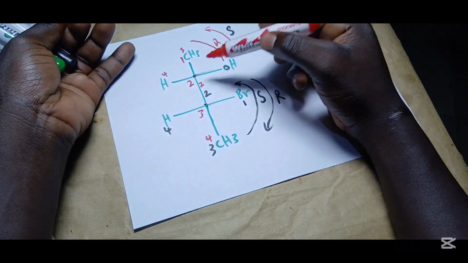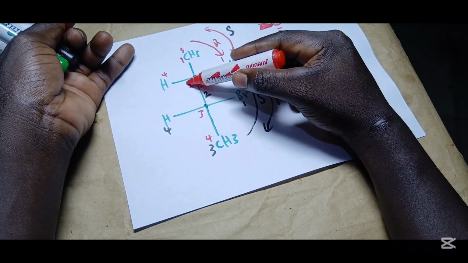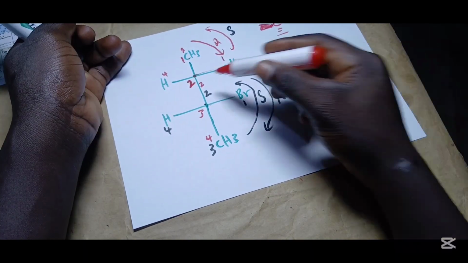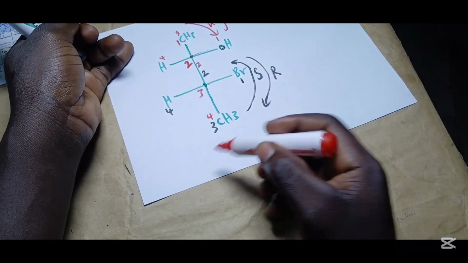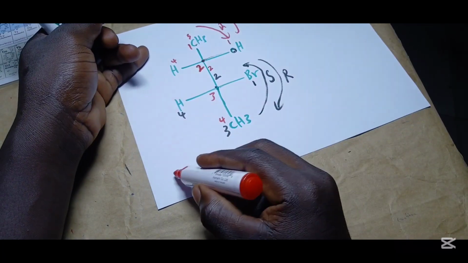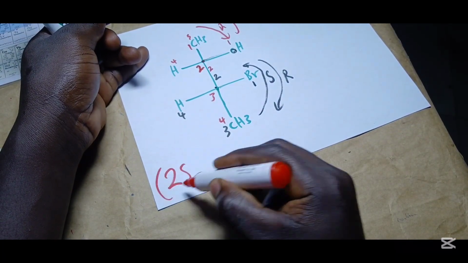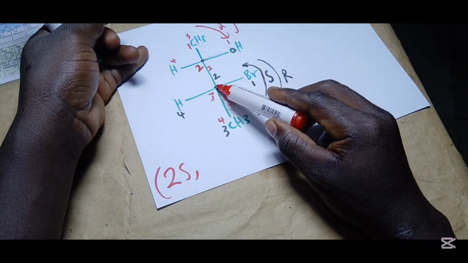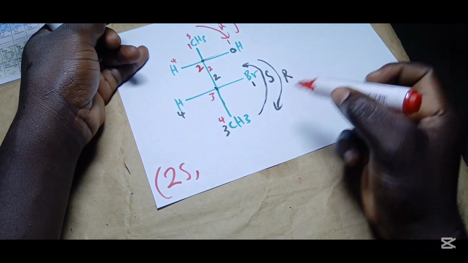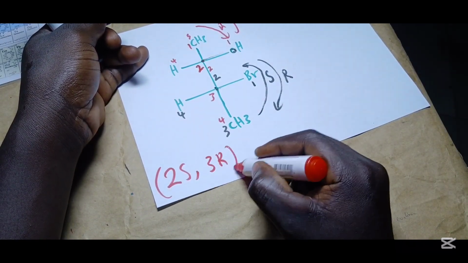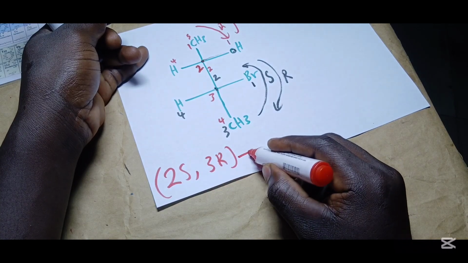So this is our chiral carbon number 2, and its configuration is an S. So 2S, that should be in bracket, comma. And at chiral number 3, the configuration is R, 3R in bracket, then a dash.